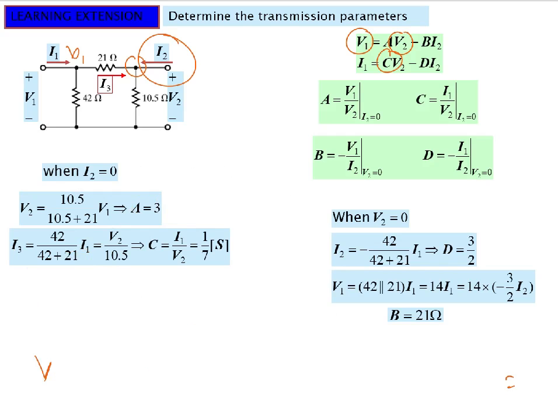So here we are saying that V2 is across this 10.5 ohm resistance. So V2 is equal to I of this branch, this particular branch IB, into 10.5 ohm, and this IB is actually coming from this point. This is a part of I1.